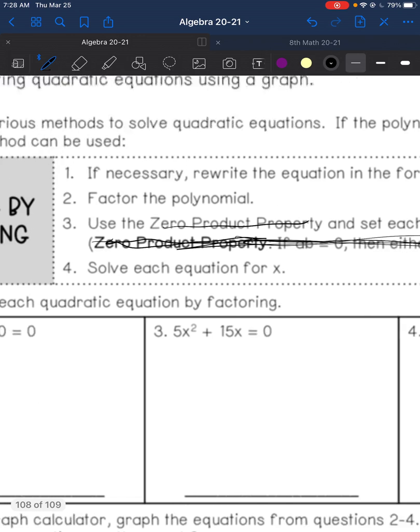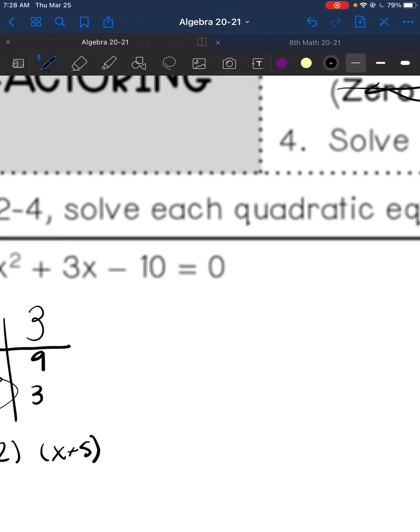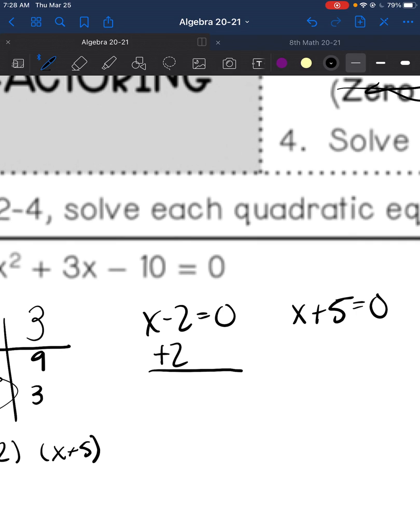Step 3 is we set each of the factors equal to 0. x minus 2 equals 0, and x plus 5 equals 0. This is the new step. We did factoring before; now we set those factors equal to 0. Step 4, solve for x. Add 2 to cancel that out, plus 2 on this side, so x equals 2.